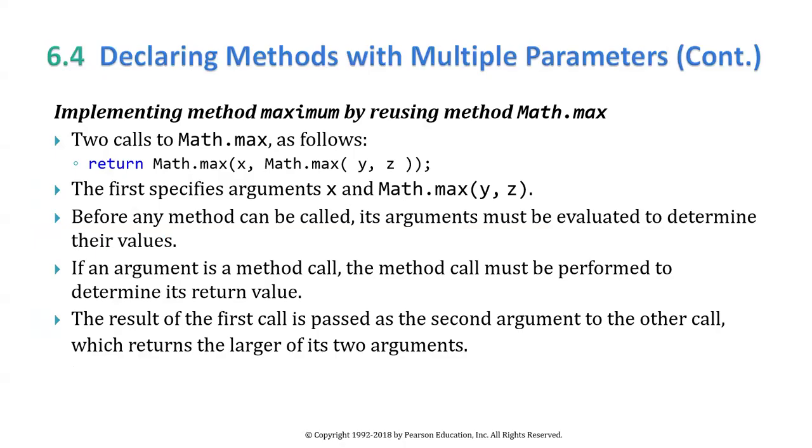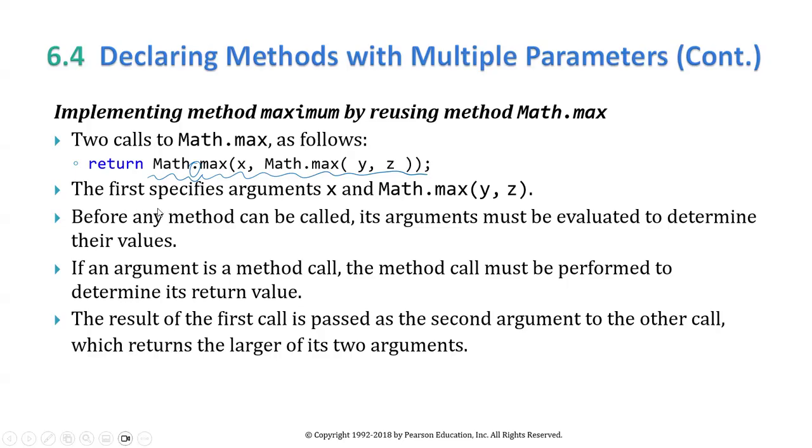So let's have a look at implementing method maximum by reusing method Math.max. As we have mentioned, we can use the Math class, right? Using a dot and the method name to do something. Here, Math is a Java library class. We can call its method directly using the class name.